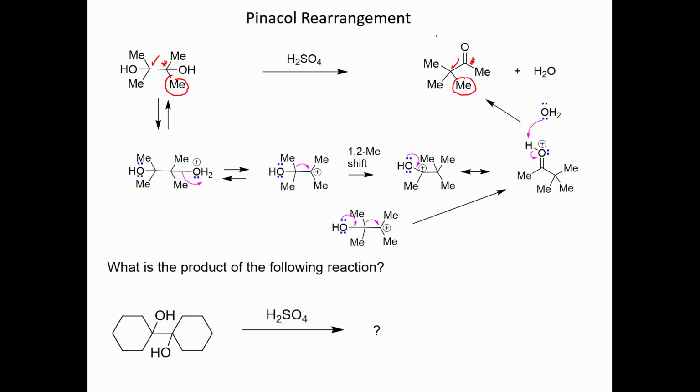So we call it a rearrangement reaction because the carbon skeleton has changed as a result of this reaction. If we look at the mechanism, it starts out like other reactions between alcohols and sulfuric acid, like dehydration and ether formation. We're going to protonate the alcohol to form the protonated alcohol. We lose water to make the carbocation.